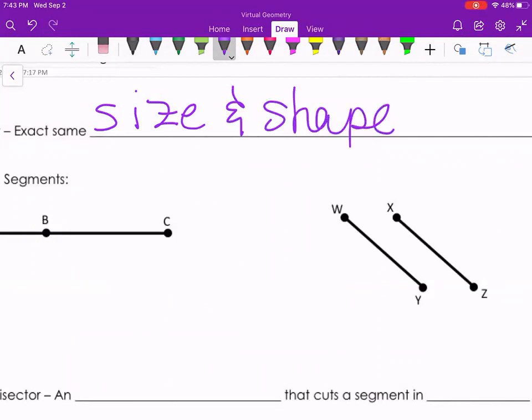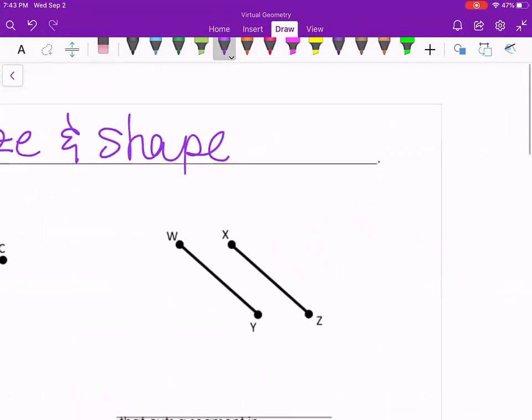Congruence is kind of like talking about identical twins. Now, we also have a symbol that we use for congruent, which is called a tilde or a squiggle on top of an equal sign. And anytime we talk about two things being congruent, we're going to use that symbol. And we use that symbol a lot.